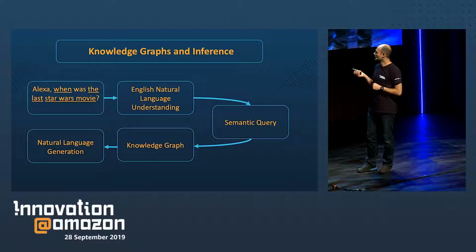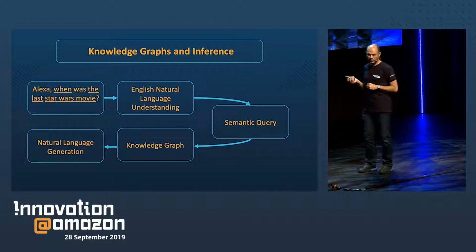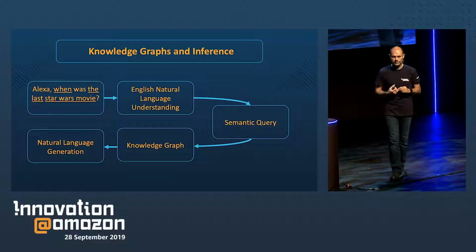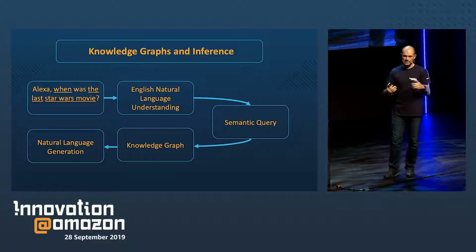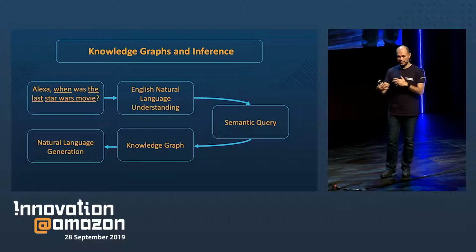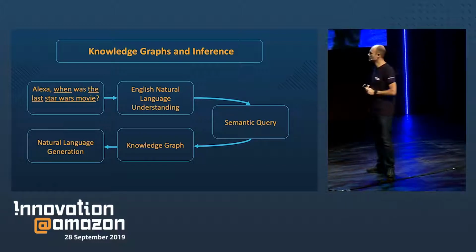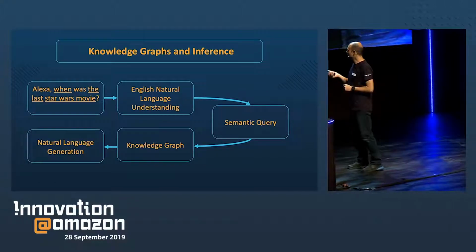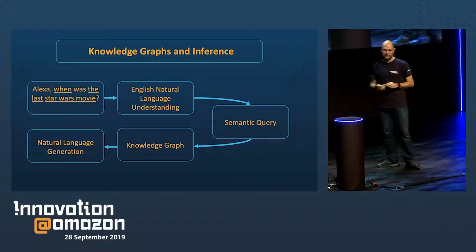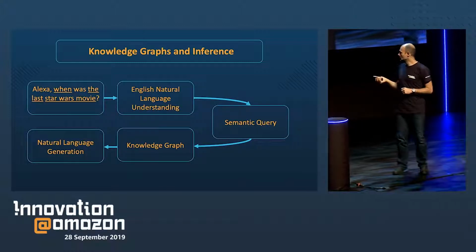The first one is called natural language understanding, as I was referring to earlier. This will try to read the sentence and understand what the entities are, what the things are that you're talking about in a sentence, and try to form a query, which we call a semantic query, to our knowledge graph.